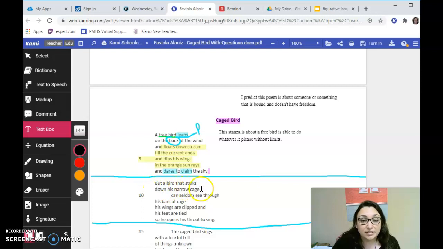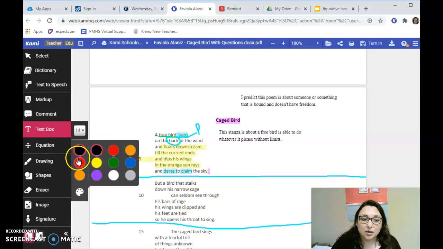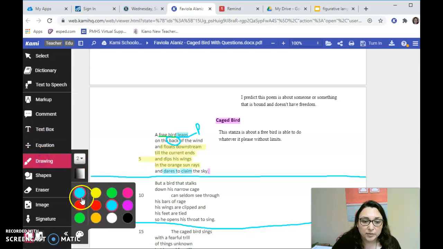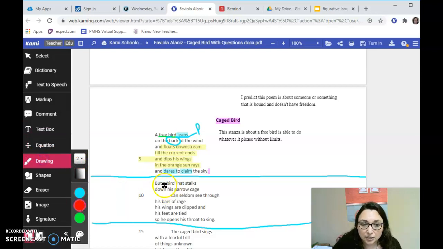"But a bird that stalks down his narrow cage can seldom see through his bars of rage. His wings are clipped and his feet are tied, so he opens his throat to sing." What a contrast, what an image, right? So now my cage bird, I need to underline it in red. Cage.